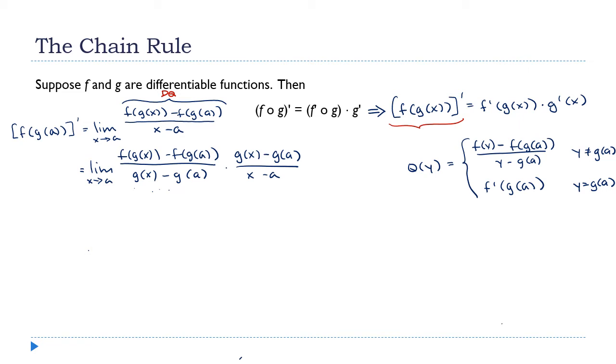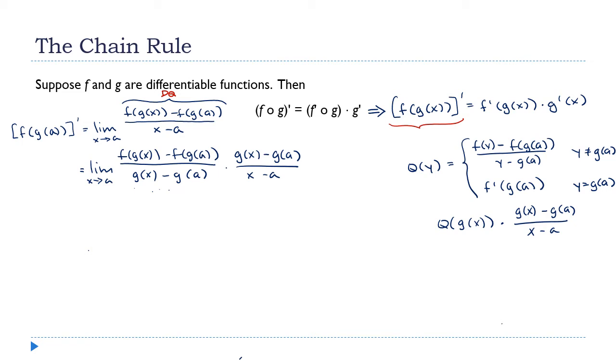I want to show that the difference quotient for f composed with g, that I pointed out in the upper left-hand corner, is always equal to this function Q, let me write it over here off to the side, Q of g of x times g of x minus g of a over x minus a.